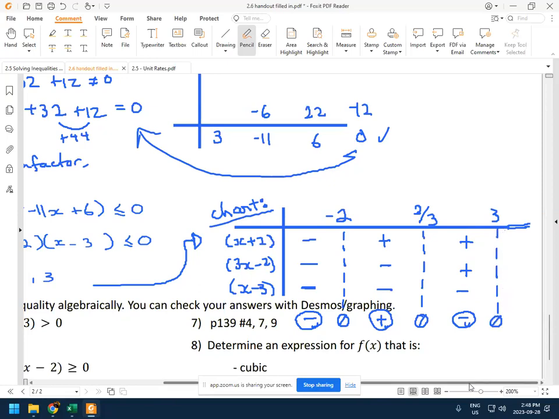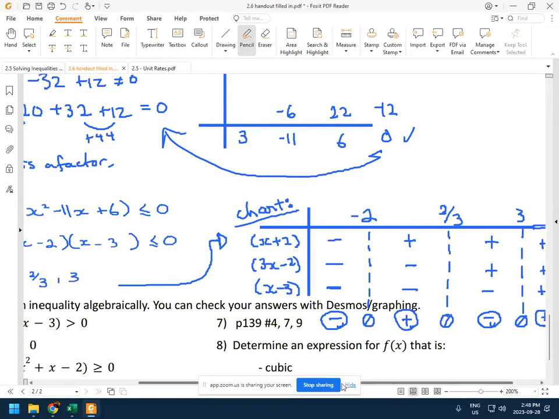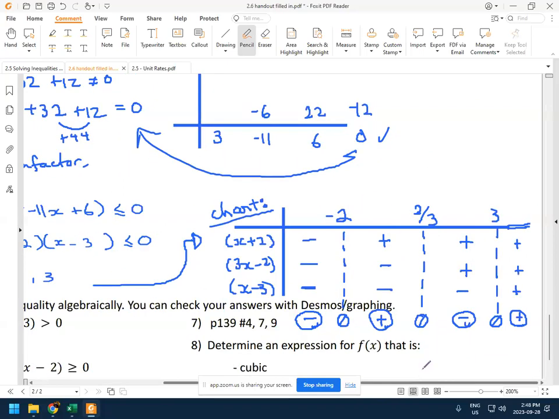And a giant number bigger than 3, plus, plus, plus. The answer is plus. So when is the function that we rearranged less than or equal to 0? This one and this one.